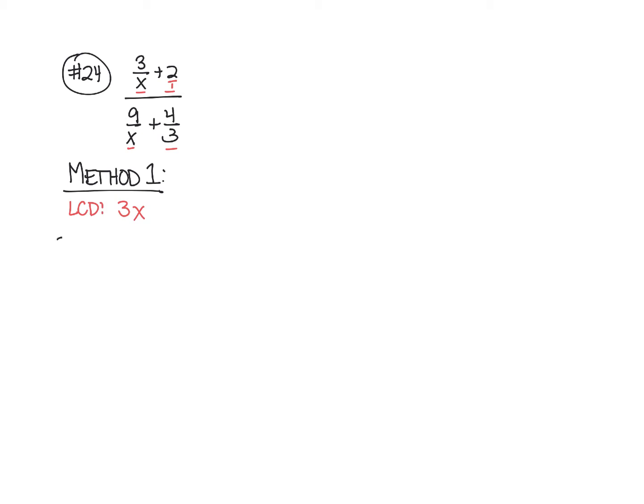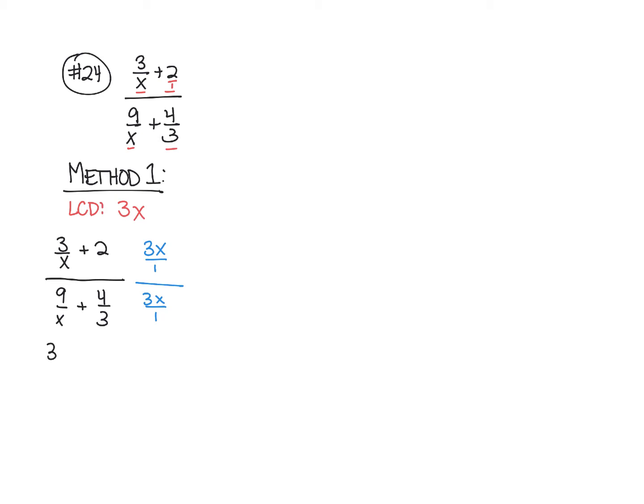Method 1 does this. If we multiply this entire fraction by the least common denominator, what that looks like is I would multiply this expression here by 3x, or 3x over 1, and this expression by 3x, or 3x over 1. Now, let me write it out in steps what this looks like.